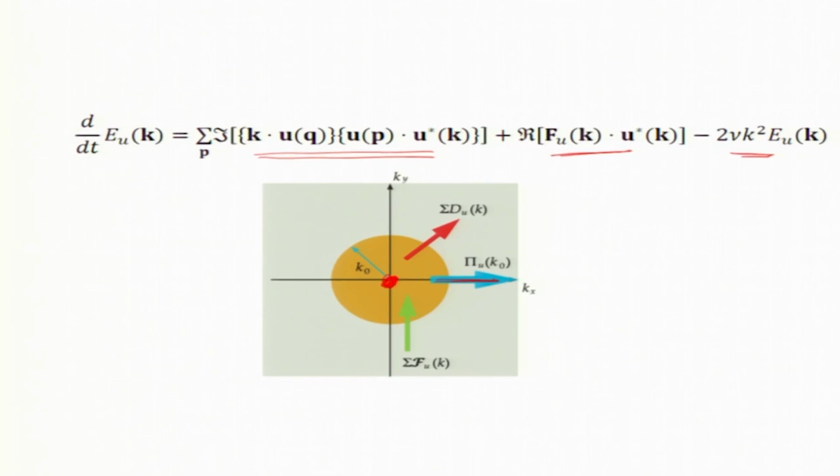In a room, the example would be a fan, or in a coffee cup I stir with a spoon. That is large scale. The energy fed at that large scale goes down to small scale and dissipates there. In fact, kinetic energy is lost by viscosity. Viscosity basically eats up the kinetic energy. So we are injecting energy at large scale.